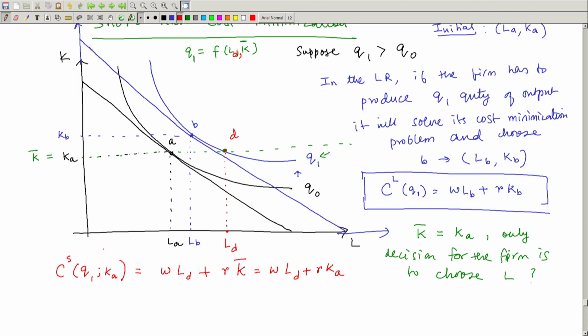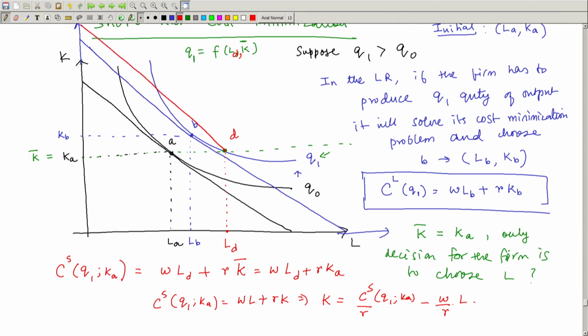So, if I were to plot a generic iso-cost line, that cost line would be C_S of Q1 equals WL plus RK, which is to say that K equals C_S of Q1 upon R minus W upon R times L, which means if I were to draw a line which is passing through the point D and is parallel to all the previous iso-cost lines, that is going to be a line in red.